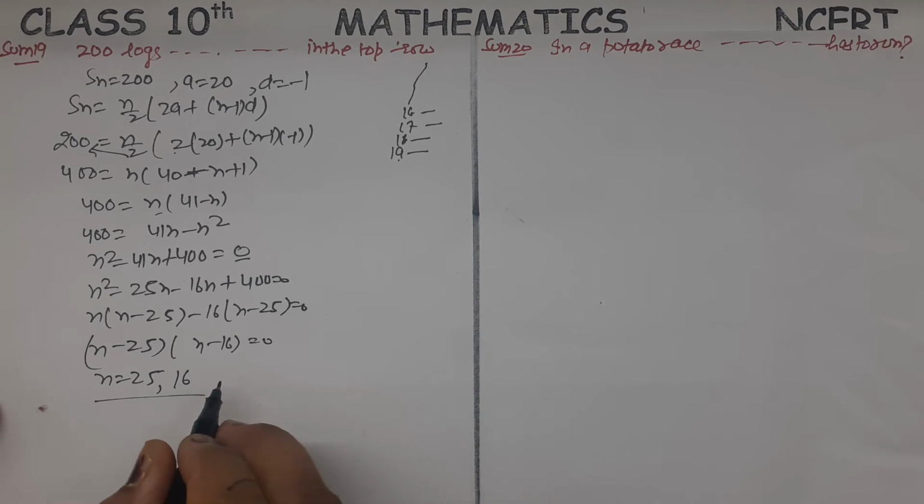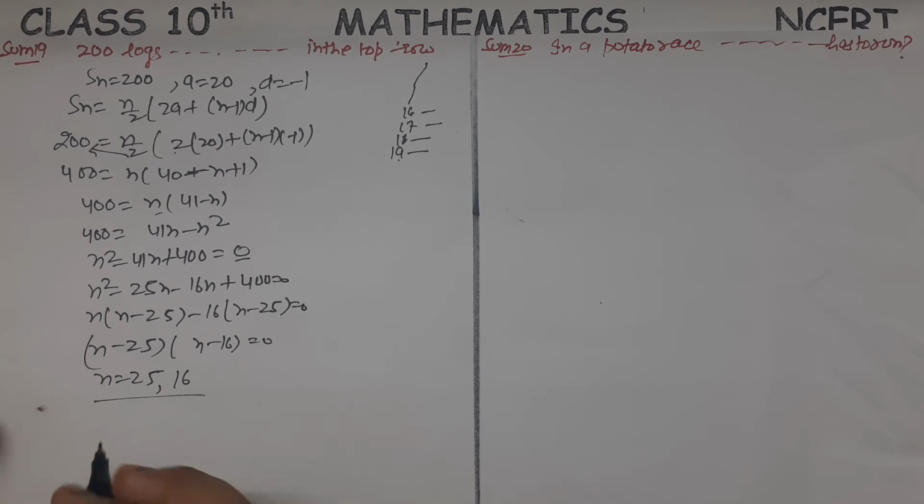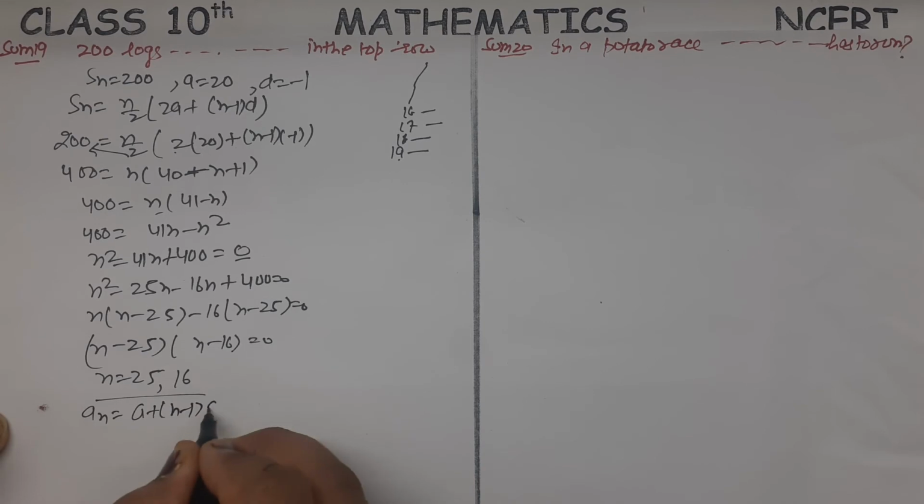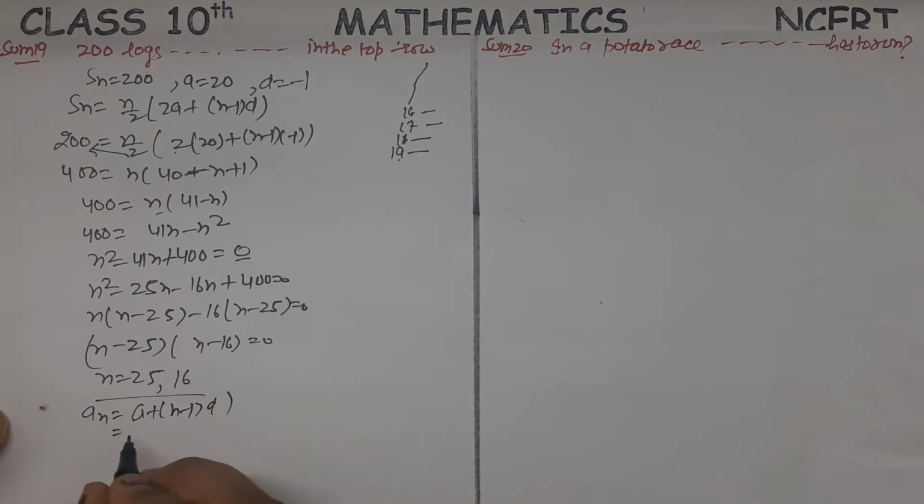Let me check now how many logs are in the top row. An equals a plus (n minus 1)d, a is 20, n is 25 minus 1, d is minus 1.